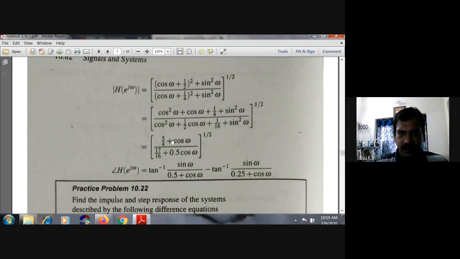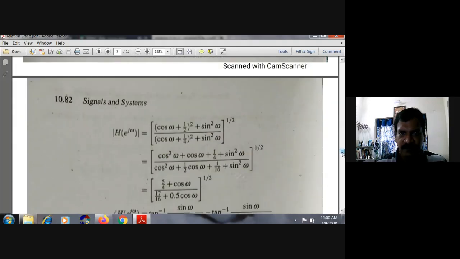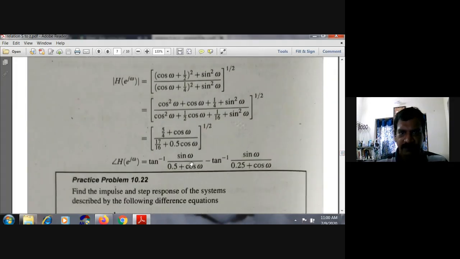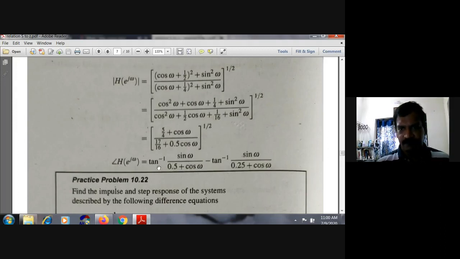You don't consider that from this one, this is the magnitude response. The phase response is obtained from the previous expression of cos omega, sin omega. So it is tan inverse of sin omega by cos omega plus half, minus tan inverse of sin omega by cos omega plus 1 by 4. Actually, for the actual magnitude response and phase plot, we have to plot for different values of omega.